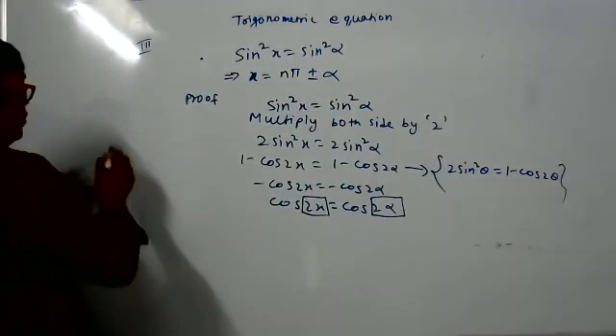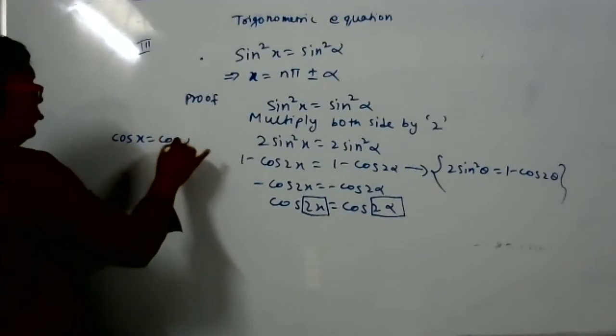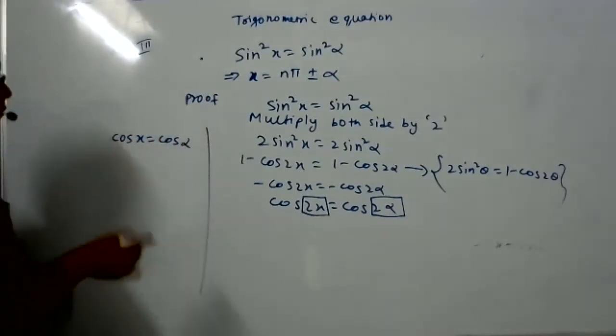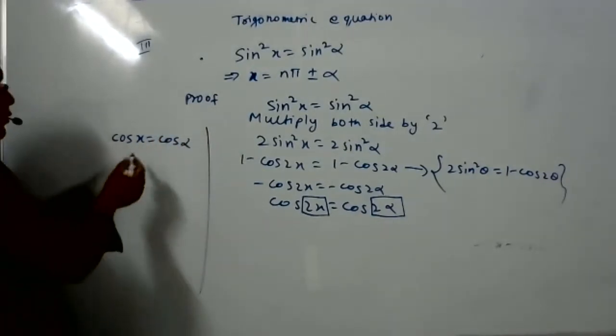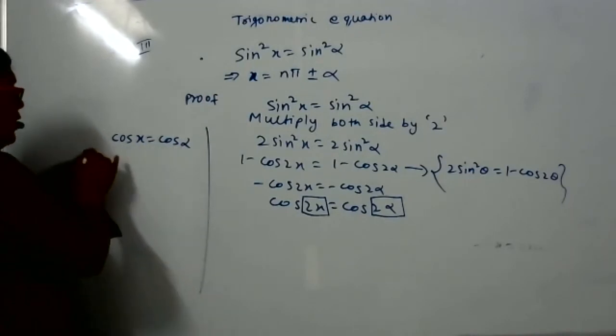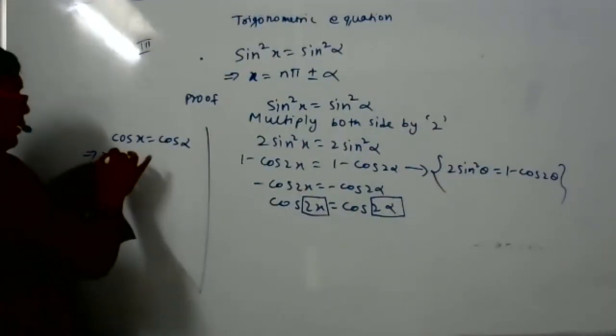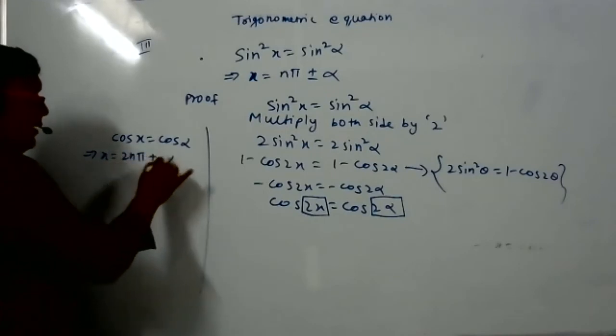See, somebody asked you, what is the formula of cos x is equal to cos alpha? Check the formula. See the notes and tell me, cos x is equal to cos alpha, then x how much? 2n pi plus minus alpha.